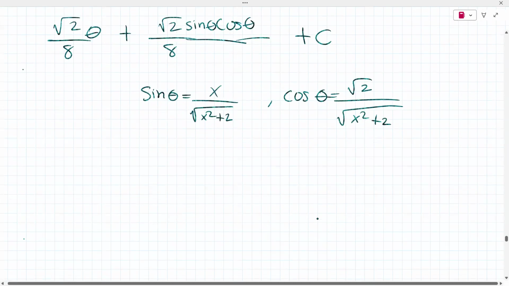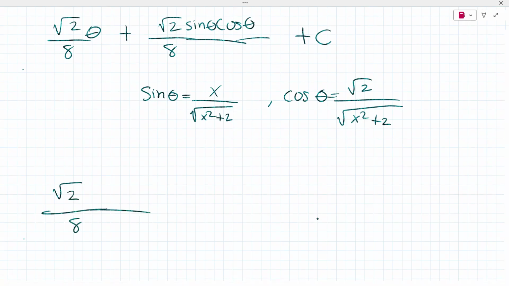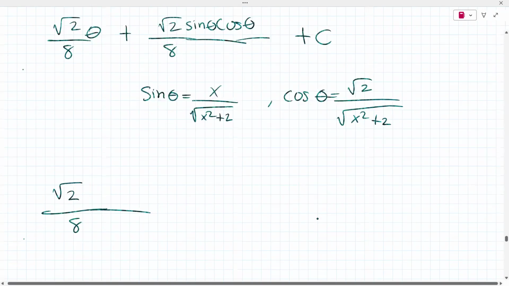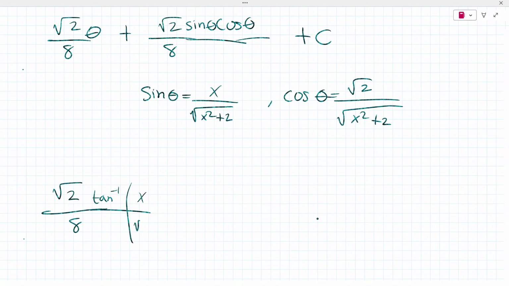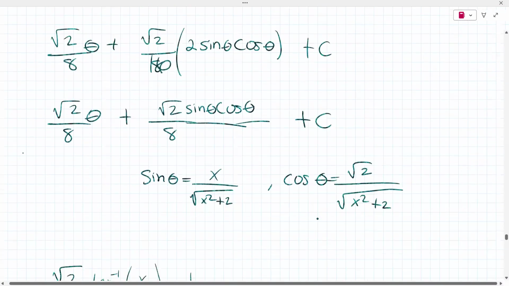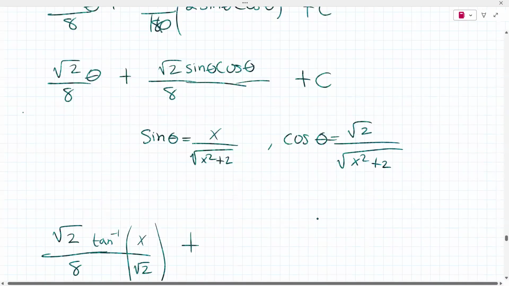So your final answer is going to be radical 2 over 8, and then you're going to replace theta with tan inverse of x over radical 2, plus, let's see.